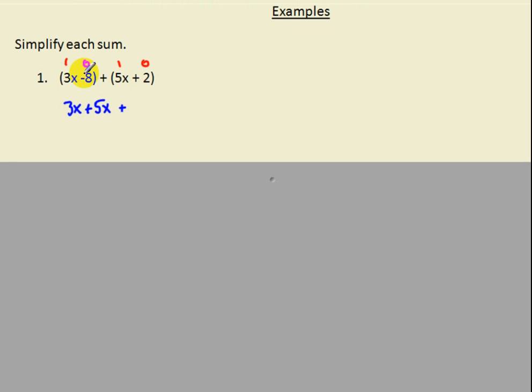And then our constants, negative 8 plus 2. So we end up with 8x plus negative 6, or in other words, we'll normally write this as 8x minus 6. So we combined our terms with x and then combined our constants.